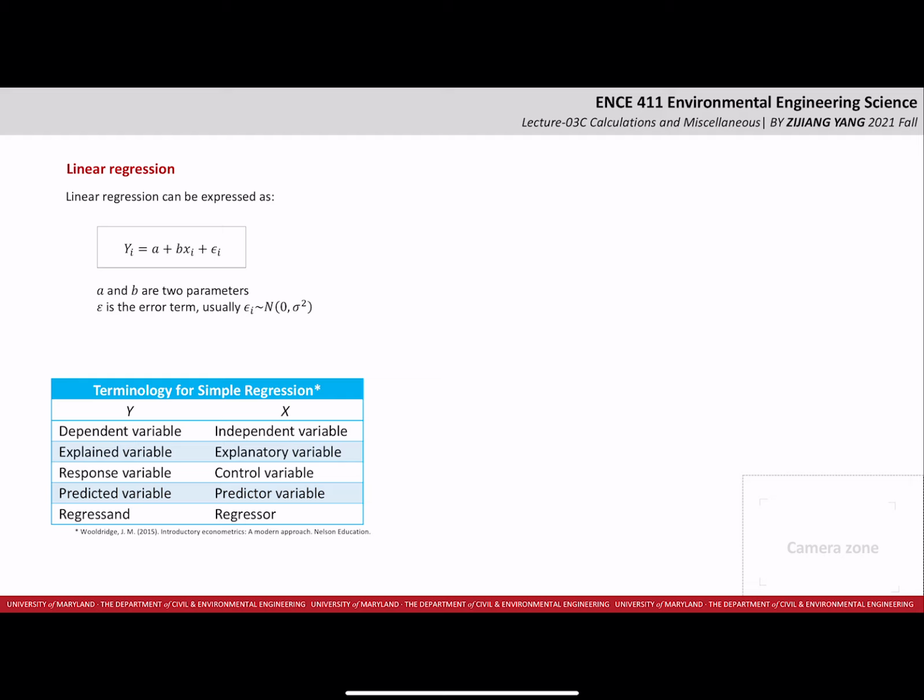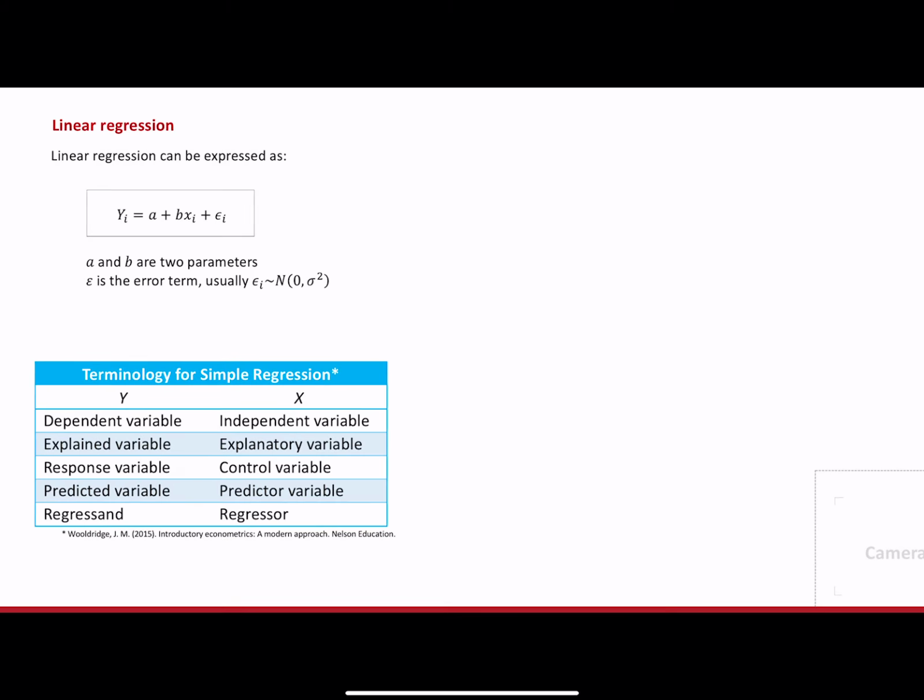The next thing I want to talk about is linear regression. Here I also provide a table about the terminologies of this regression, and we can see we have so many kinds of names. So you can choose which one you like. But I think we usually say independent and dependent.